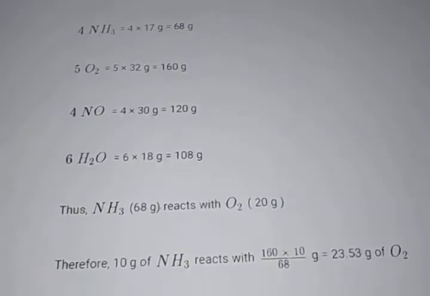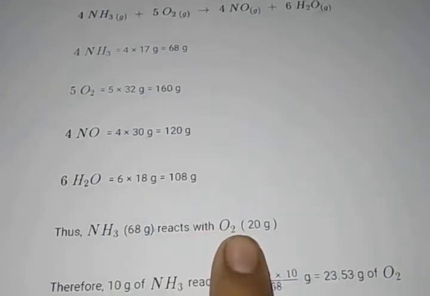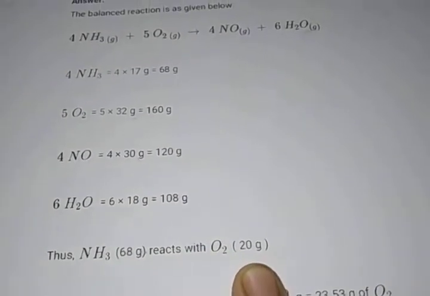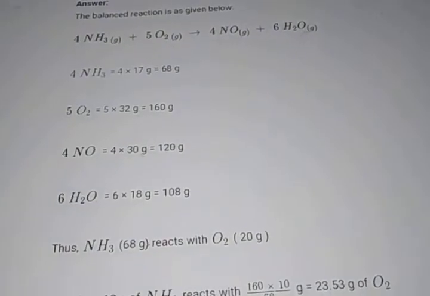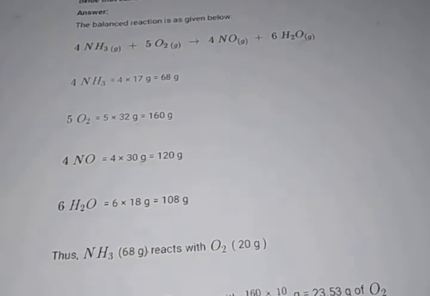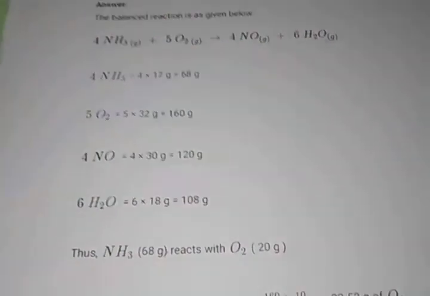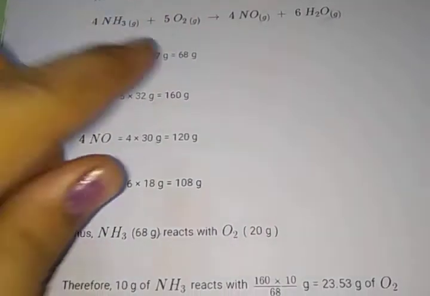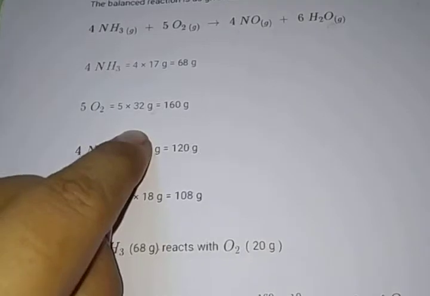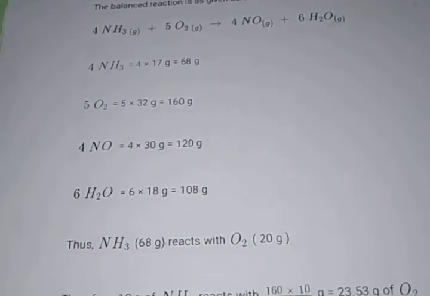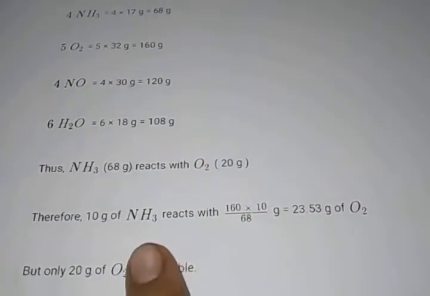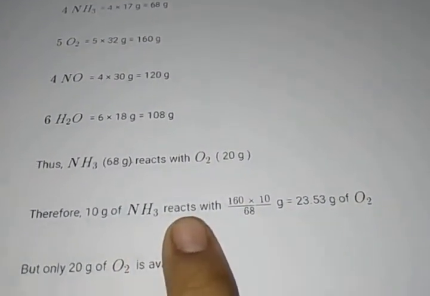Then we calculate: ammonia 68 gram reacts with 160 gram O2, because you see 5 mole of O2 is 160.